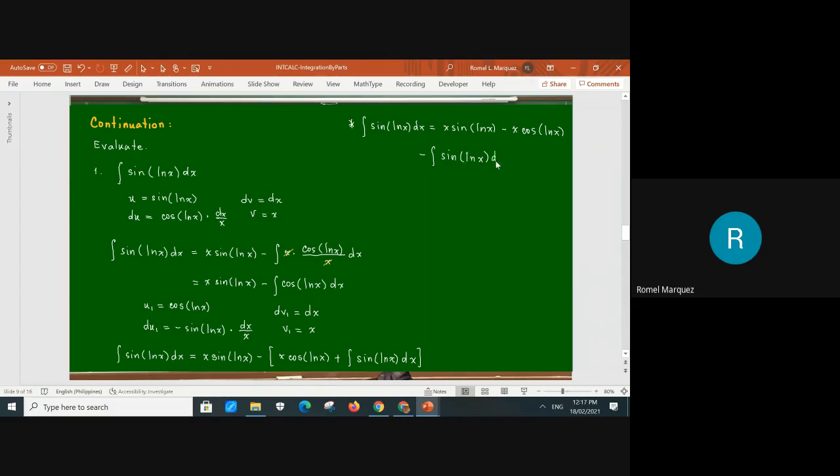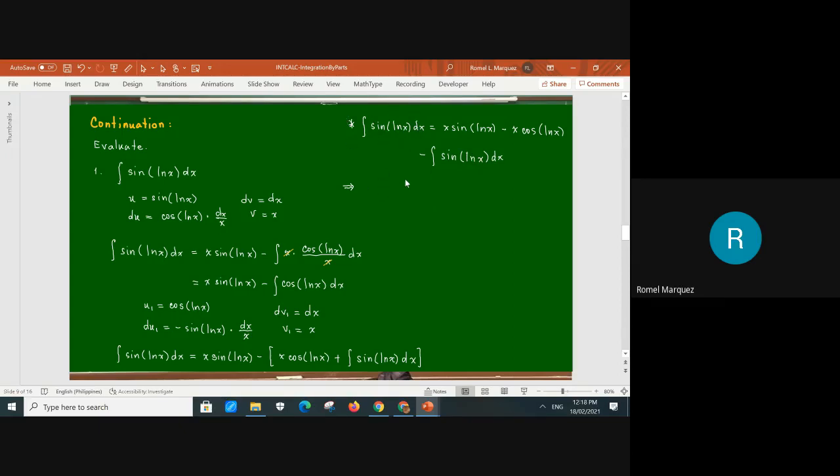Did you get this, guys? So what do you notice about this integral that I get on the right side? So this is similar, or actually the same integral. This integral sine of ln x dx is the same as the given, no? Which is the left side.